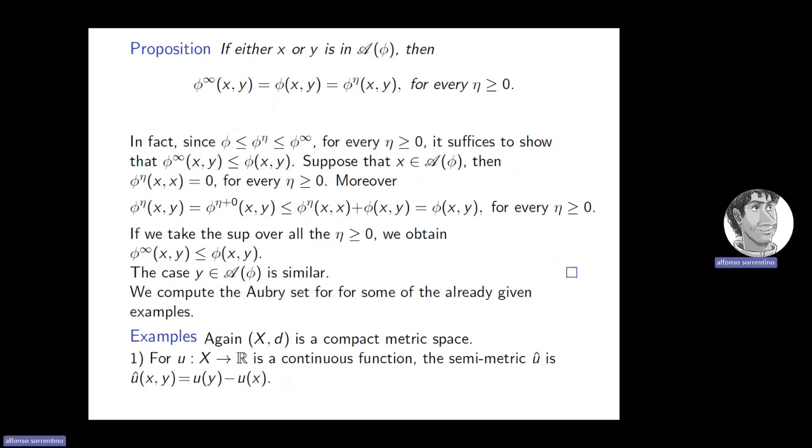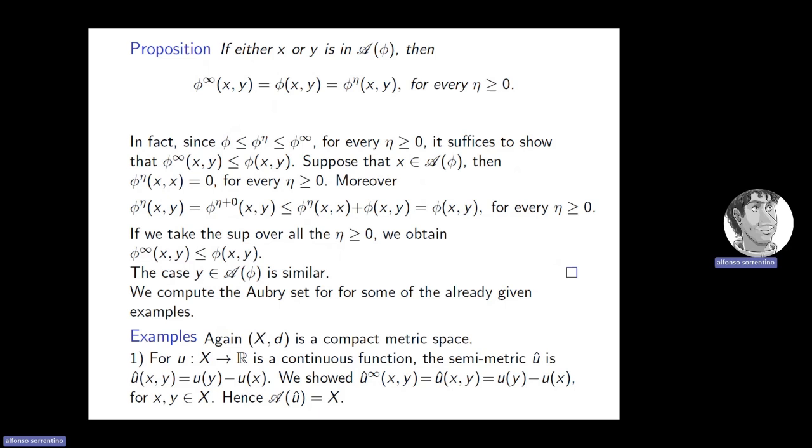So we start with this one. U is a continuous function, with the semi-metric U hat. Well, we showed that U infinity is U hat. And therefore, for every x, we have U hat infinity of xx equal to ux minus ux, which is 0.